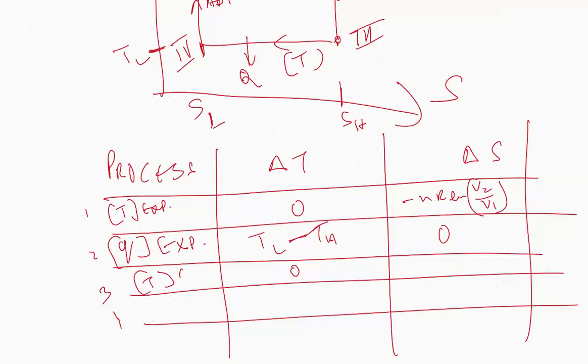So this is going to be 0 here, and this is going to be as you go, and here again minus nR ln, but here V4.